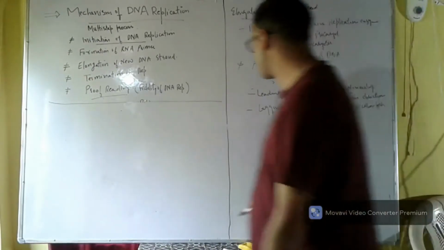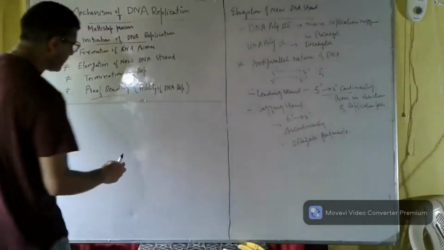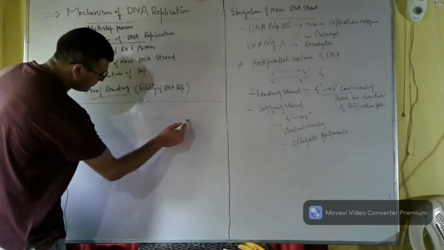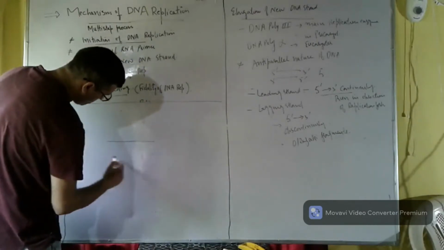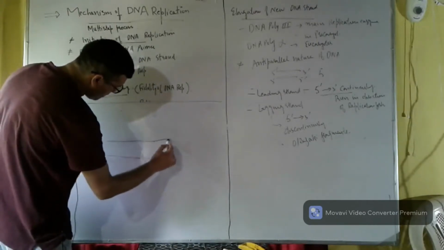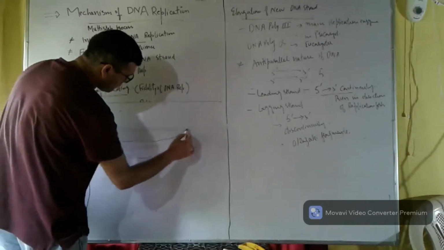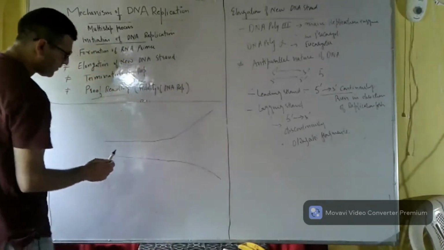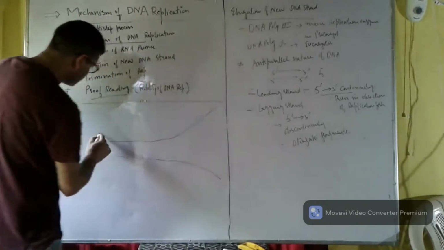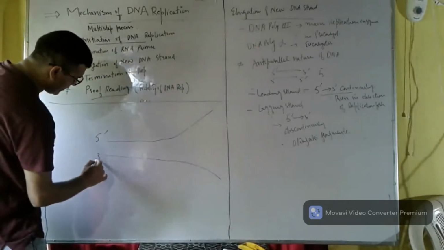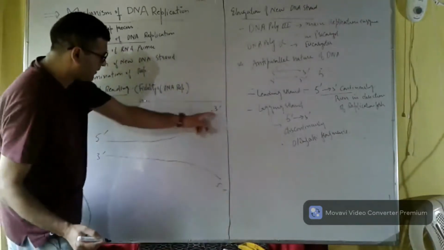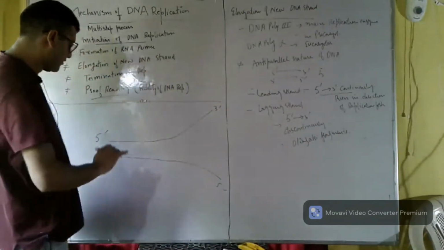So it would be like this. This is one strand. This is, for example, the 5' end and this is the 3' end: 5', 3', 3', 5'.